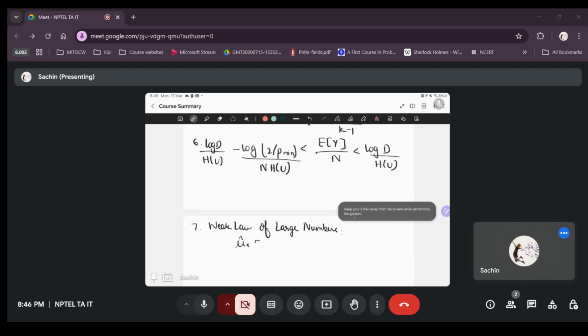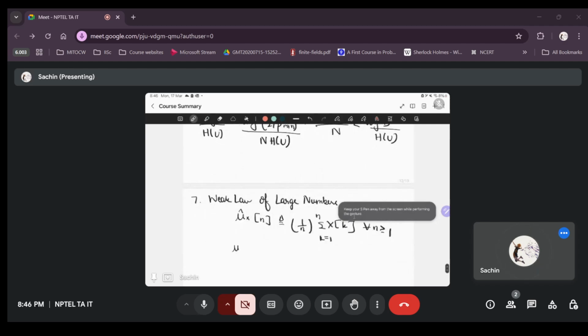It says that if you take the sample mean, mu hat of x^n = 1/n summation of x_k for k = 1 to n, then mu hat of x^n approaches the true mean mu of x in probability as n approaches infinity.